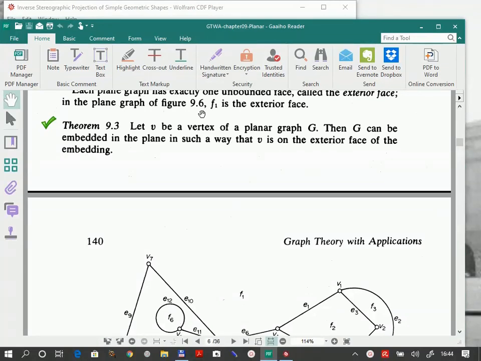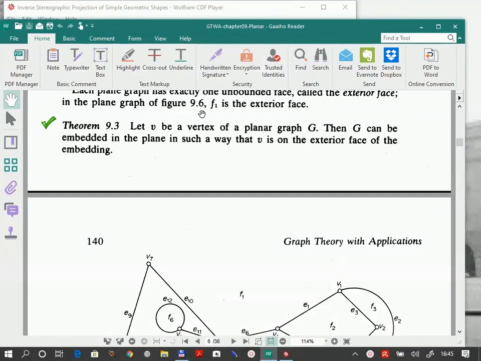Here, like this, for instance, with the North Pole here, and so you have the projection which goes like this, okay?